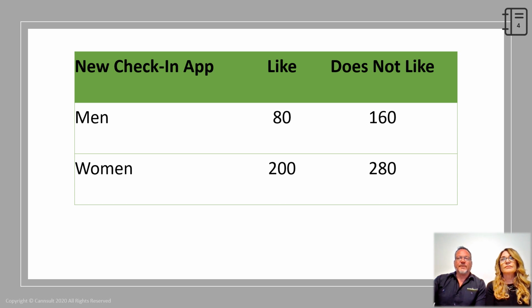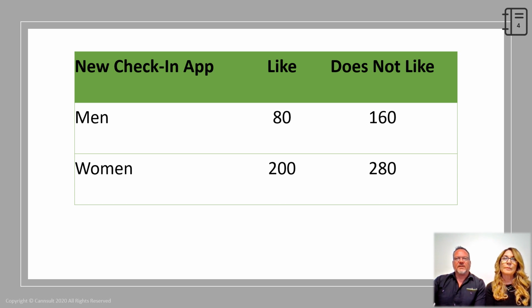In this example, we are studying whether people like the new check-in app, and our survey data doesn't really show a clear difference in the proportion of like or not like between men and women. We have a discrete Y, which is like or doesn't like the app, and a discrete X, men and women. This is a great candidate for a chi-square test.